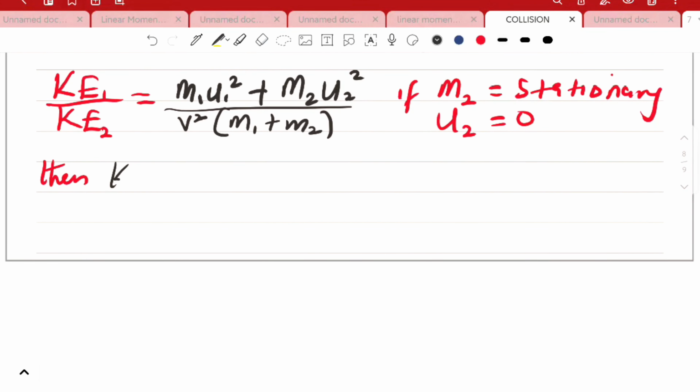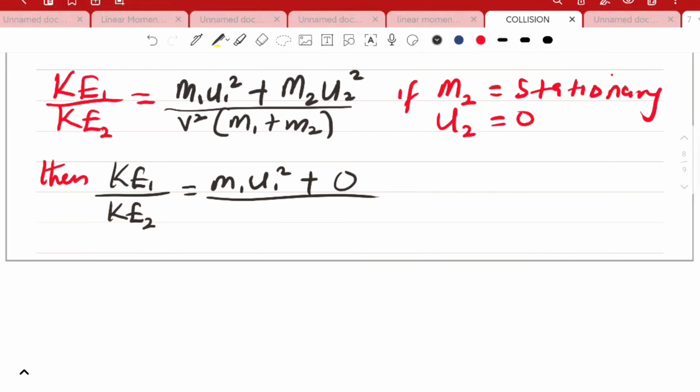Okay? Then KE1 divided by KE2 will equal m1 u1 squared plus m2 times 0, which becomes 0, divided by (m1 plus m2) multiplied by v squared. I hope this is clear.